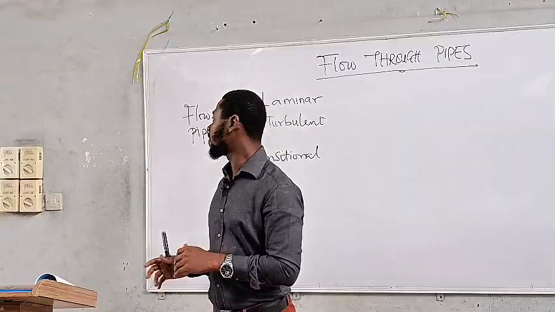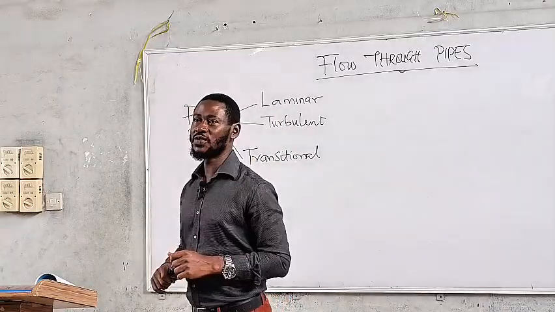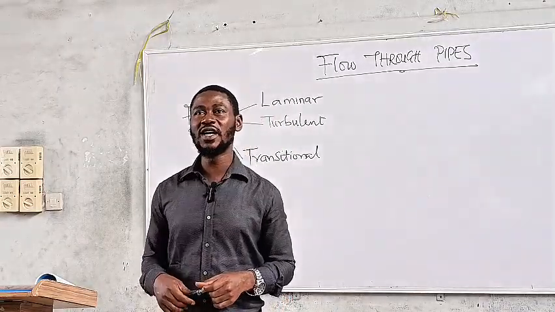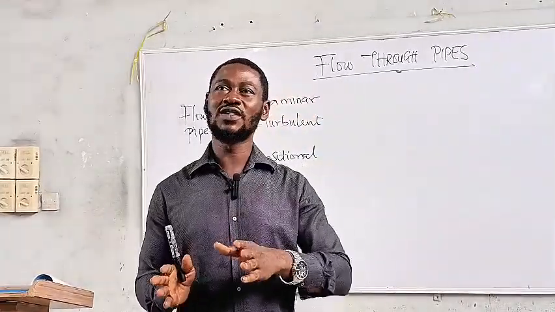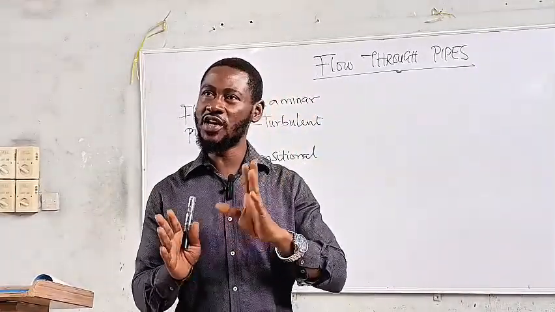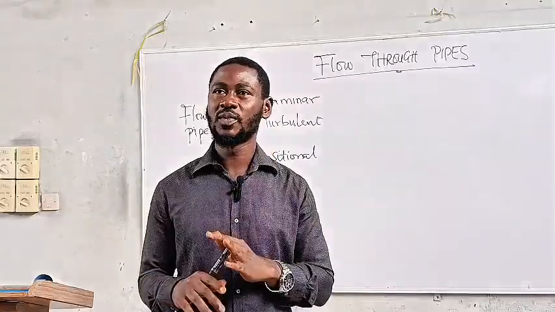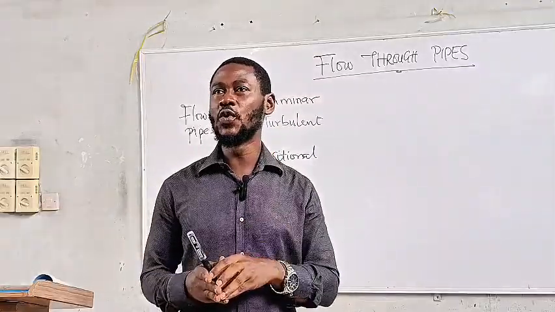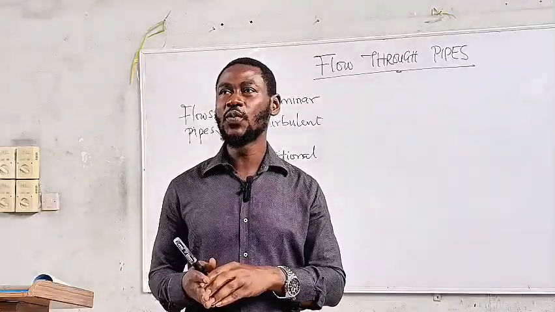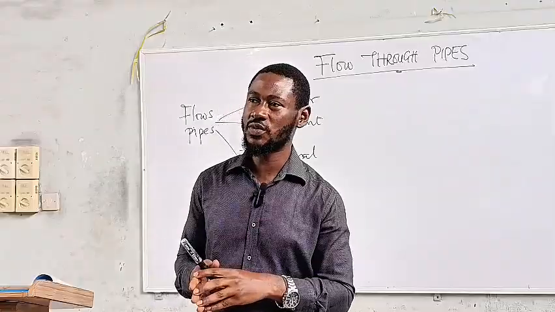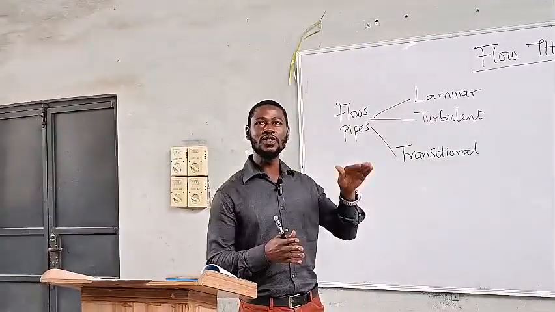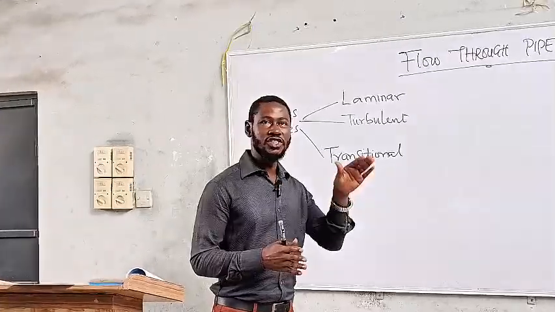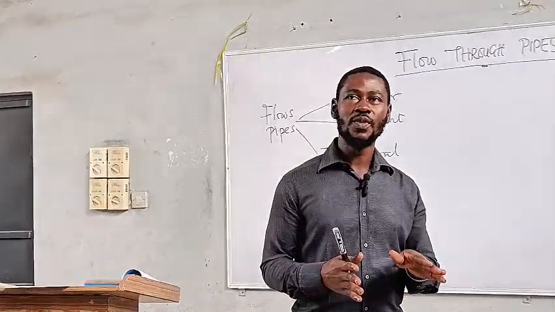The second one is a turbulent flow. Turbulent simply means something that comes in a chaotic form. So in a turbulent flow, the fluid particles move in an indefinite form, that is, in a 3D form.